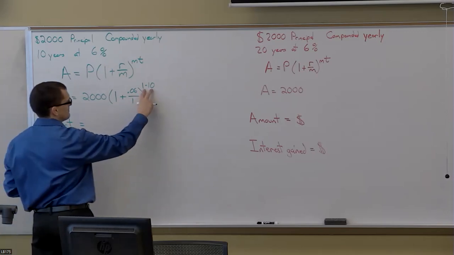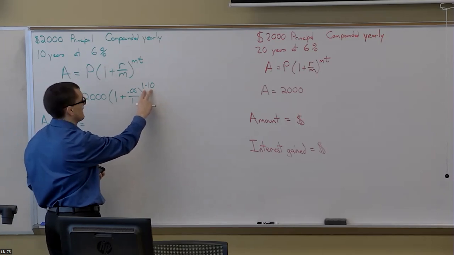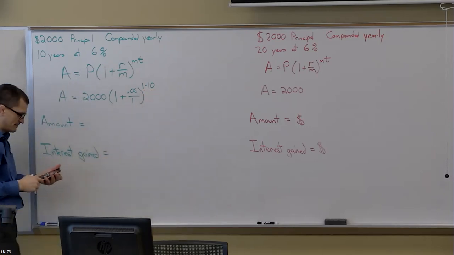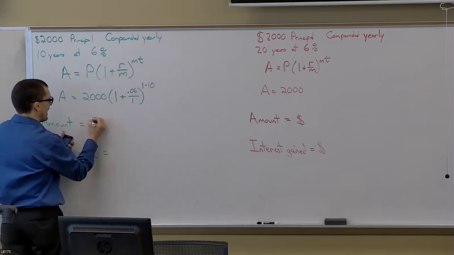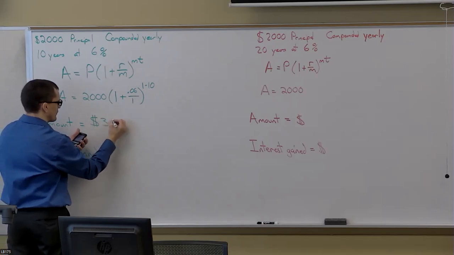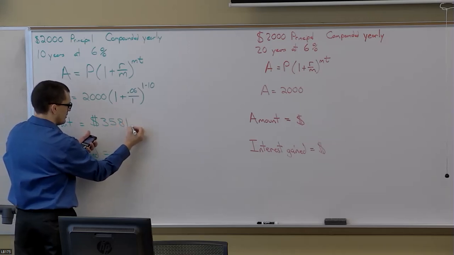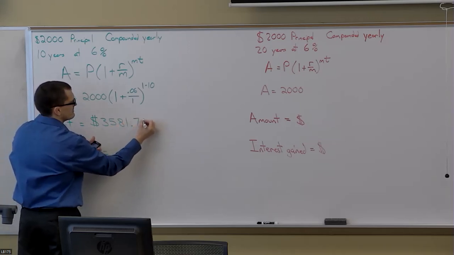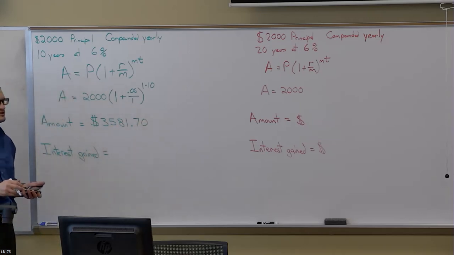And again, 1 times 10 is just 10. So I put in 10 into my exponent when I type into my calculator. After 10 years, this individual will have $3,581.70. That's 69.5 rounds up to a 70. Okay.